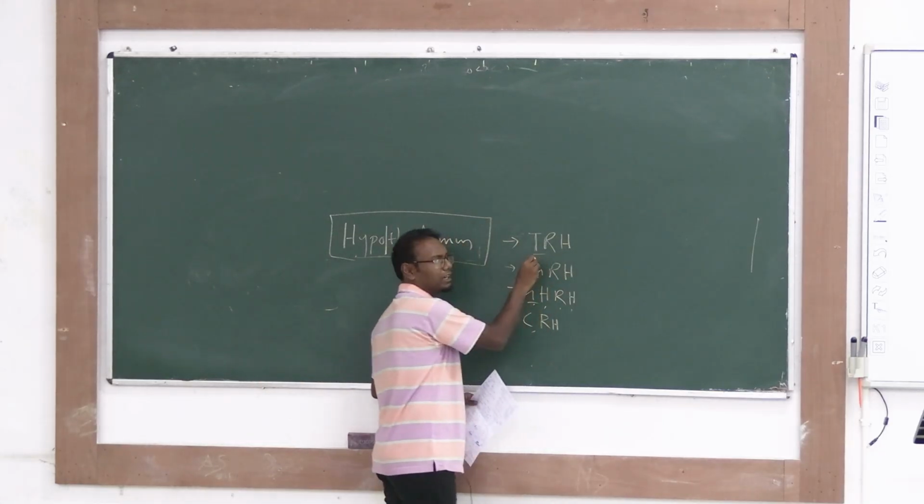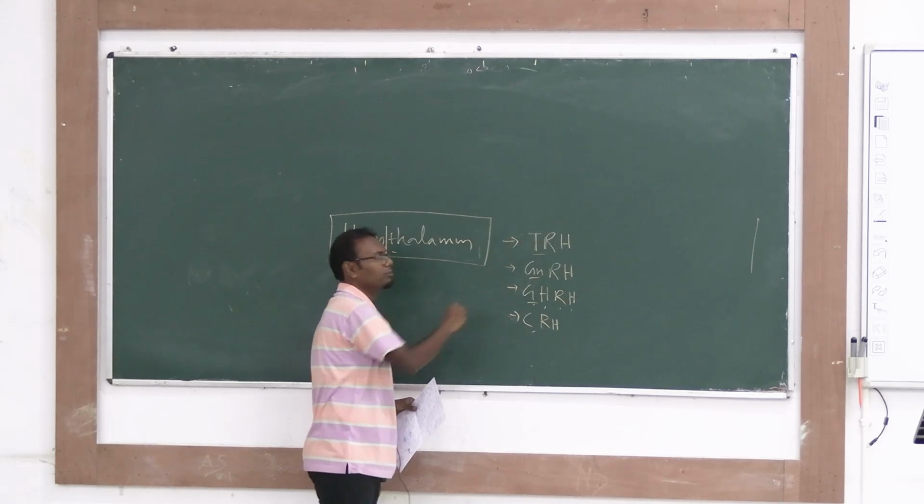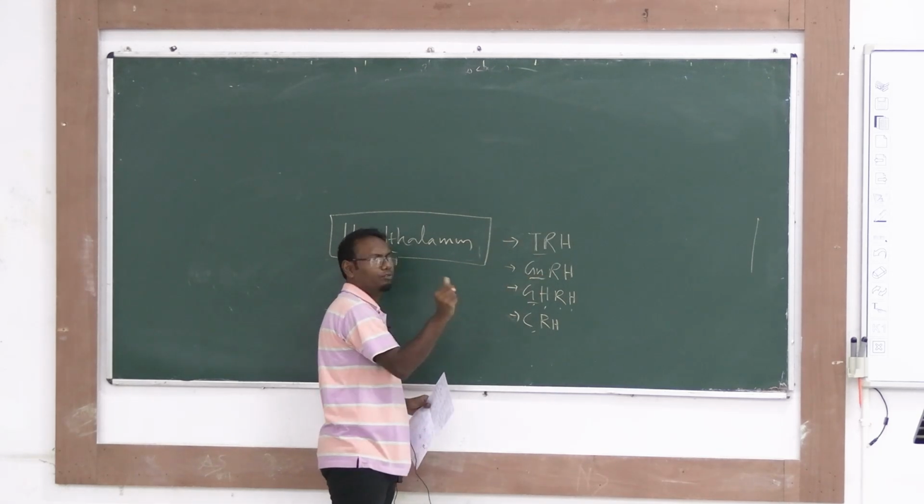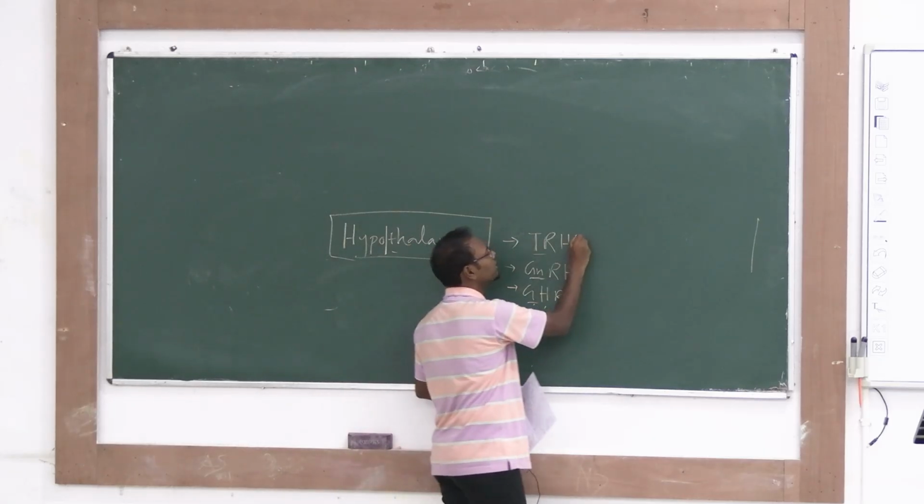They are trophins, and those released or stimulated by them are trophic hormones.